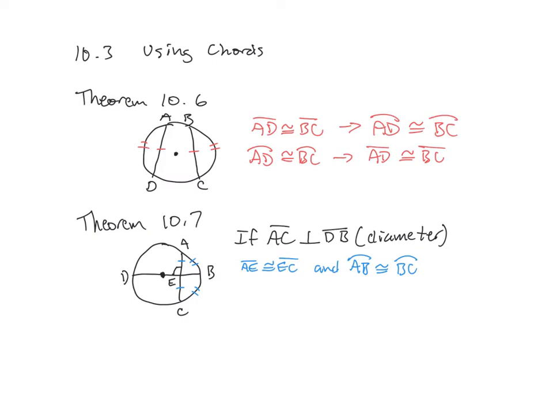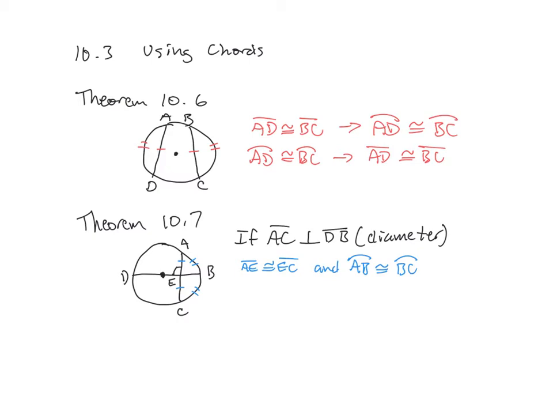It doesn't mean it has to be this huge, crazy algebra problem, but you're going, oh, okay, this chord AD and BC are congruent. Okay, now I know that the arcs are congruent, so I can solve. Or, oh, this is a diameter and it's perpendicular, so that equals that. And then you can solve something. So I'm going to do an example or two in just a second.